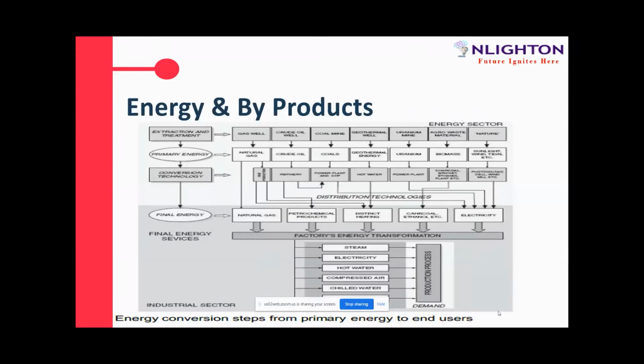Energy is what we are getting from nature. That is the primary. You can take any crude oil, natural uranium, biomass, sunlight.